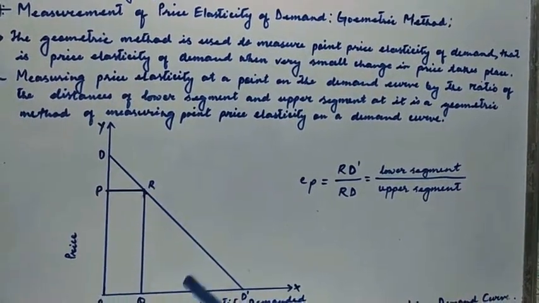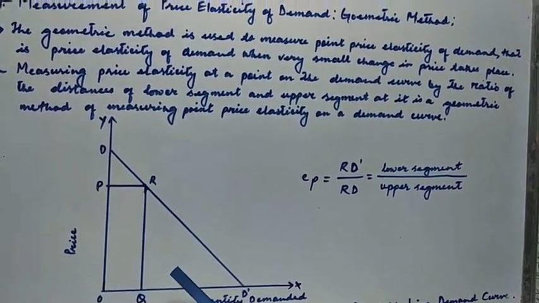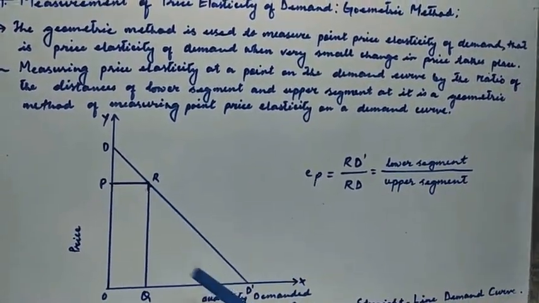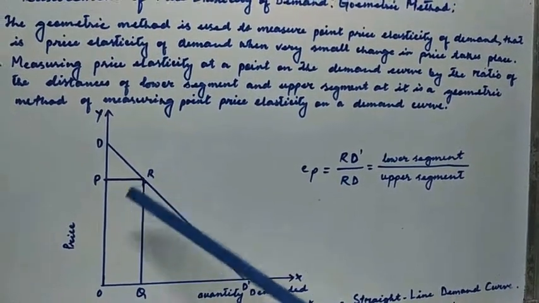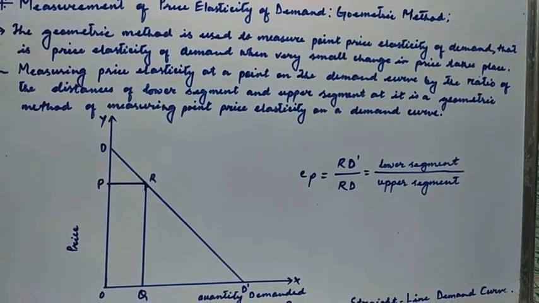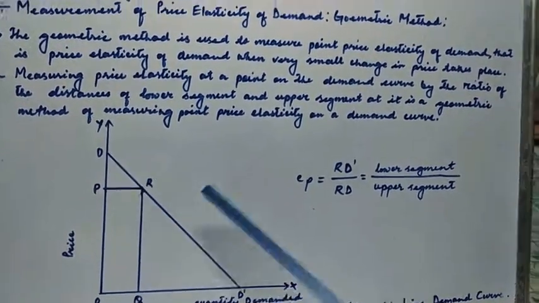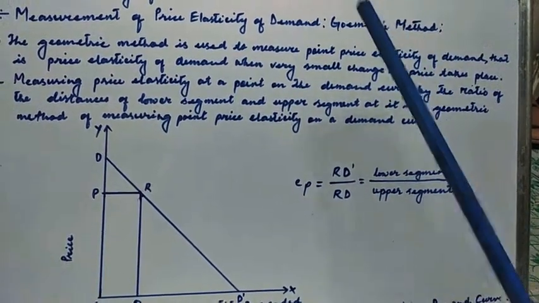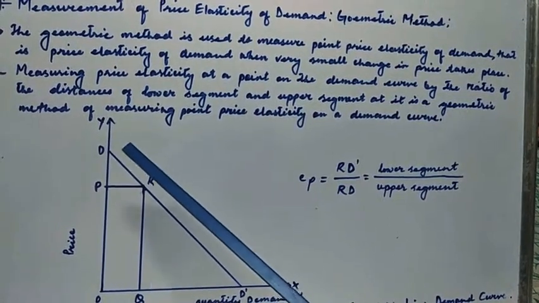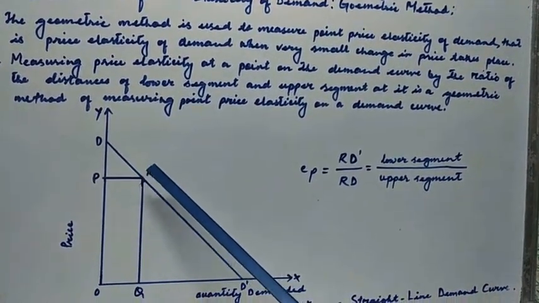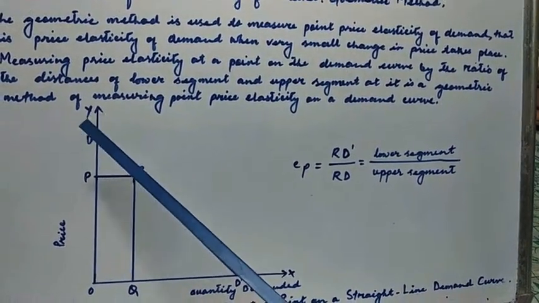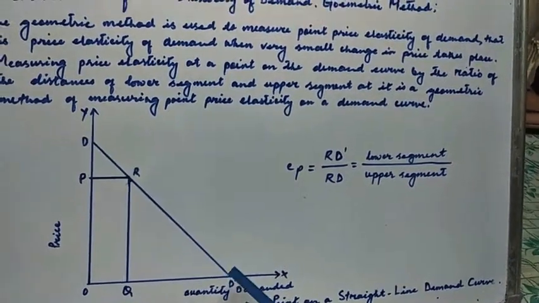We have to measure the ratio between the lower segment of the demand curve and the upper segment of the demand curve. That is how we measure the price elasticity of demand through a geometric method, and it is usually used in a straight line demand curve, or when we have to measure the price elasticity at a particular point which lies on the straight line demand curve, for example point R on the d dash demand curve.